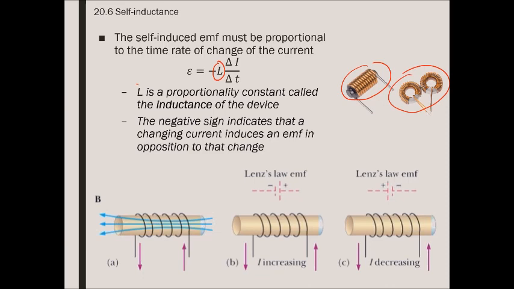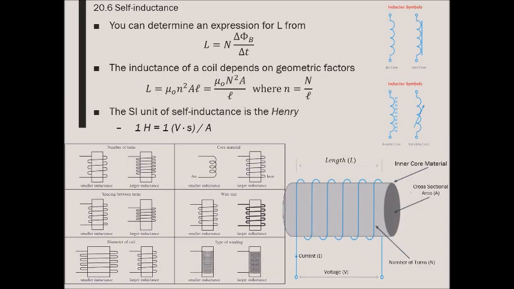Just like resistance and capacitance, L is a proportionality constant for these devices. The negative sign again indicates the current will go in the opposite direction, but we'll use Lenz's law to figure out what direction things are going. So basically, the inductor creates an EMF as we are sending current through it.